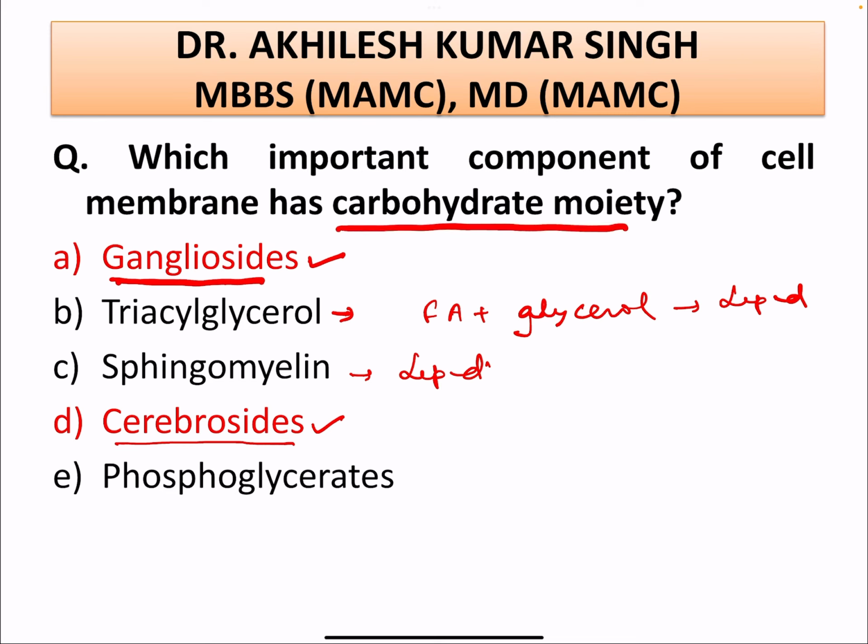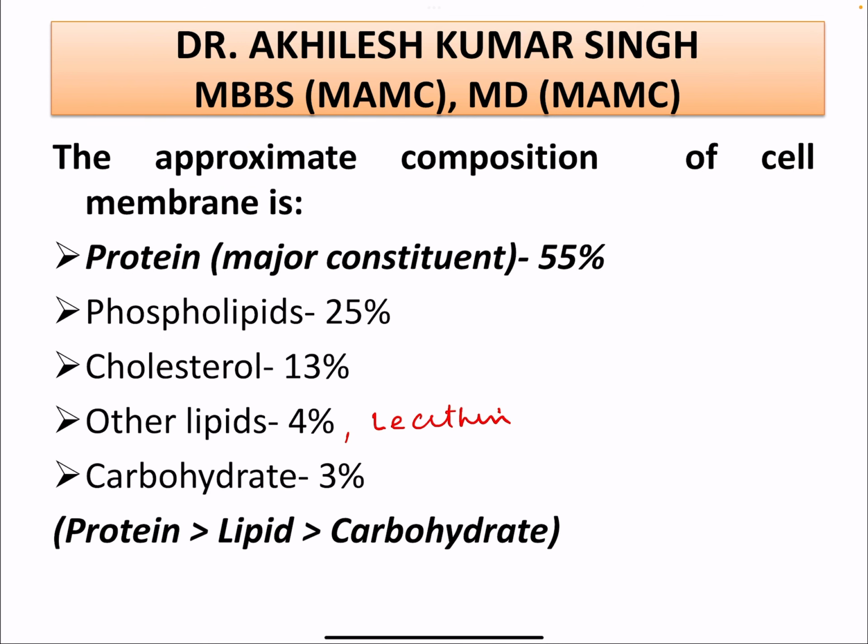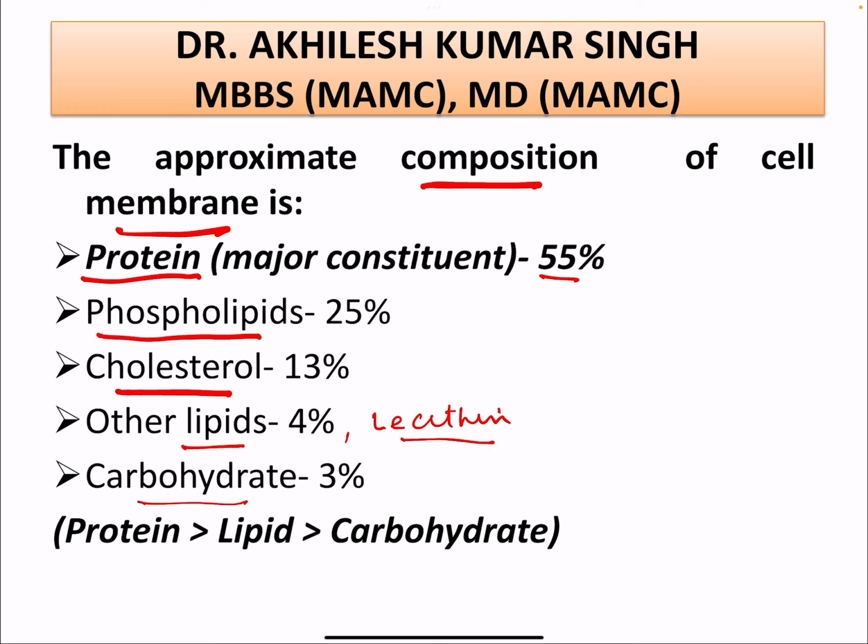Now let us look at the other question here. Another question is, the eukaryotic plasma membrane is made up of all except. So which is usually not present in the eukaryotic cell membrane? Carbohydrates are present, and I have shown you here the approximate composition of the cell membrane: protein, phospholipid, cholesterol, other lipids including lecithin, and carbohydrate.